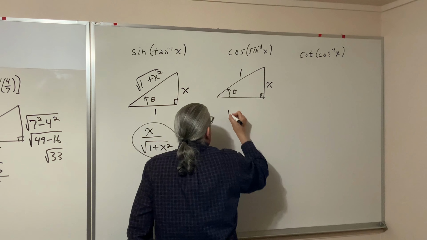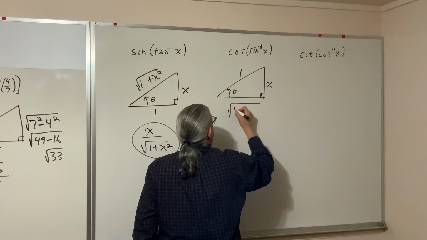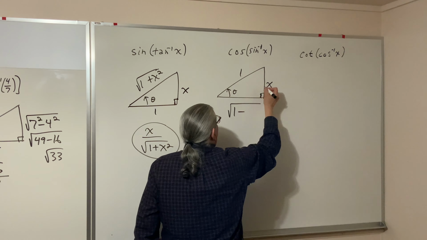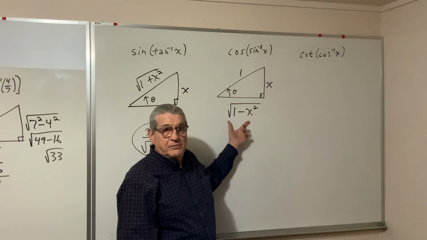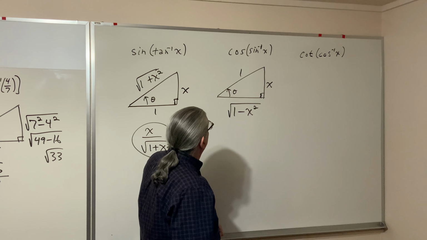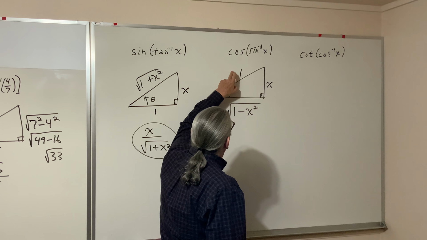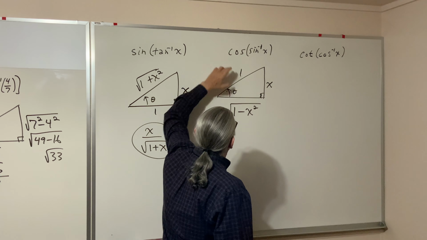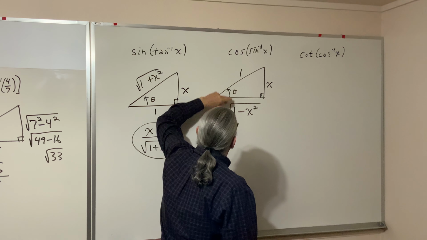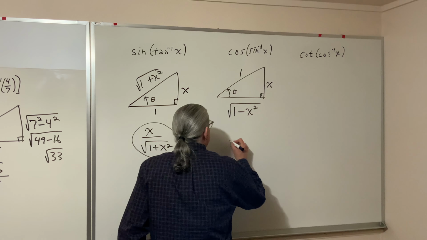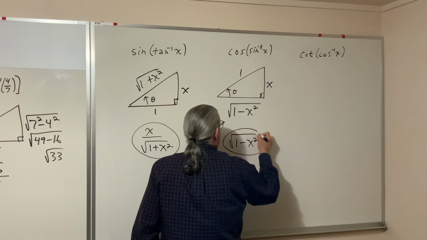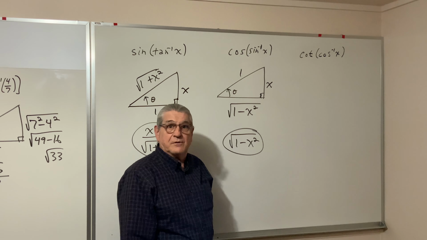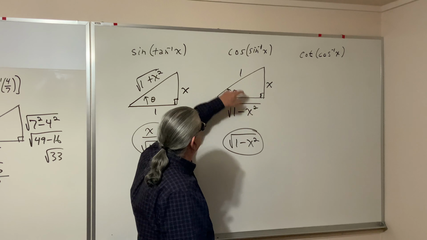So this one would have to be, the large side is 1 squared, which is 1, minus x squared, and the square root of that. Okay, here's our sine. And let's see the side. We want the cosine, and the cosine is this one over this one. So this is just going to be the square root of 1 minus x squared, because this one over this one.